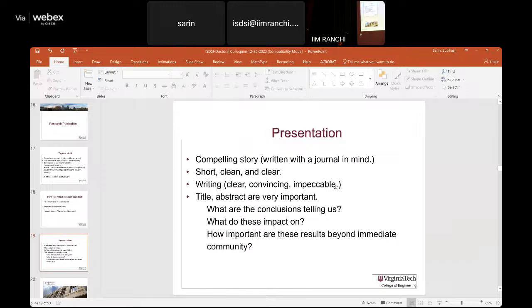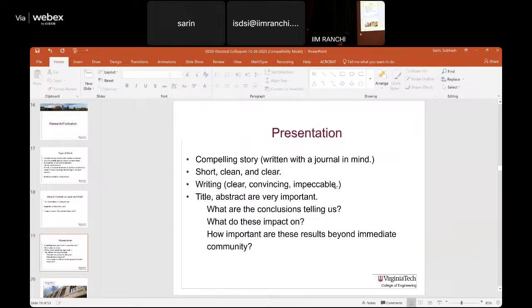Number one, in a paper that you're writing, it's a compelling story, written in view of the journal that you're writing for, but you have to make it a very interesting story. It can't be very dry. You make it interesting enough that people can appreciate the application or the problem that you're working on, and then they will appreciate what you have created.